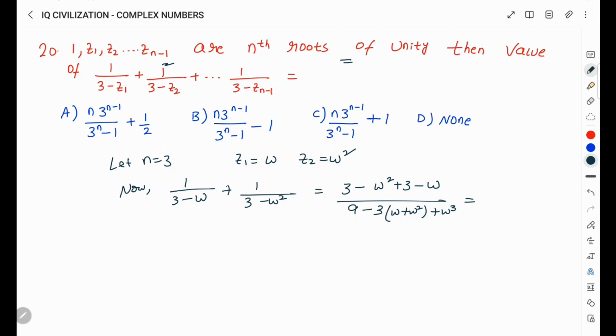So omega plus omega square is minus 1, omega cube is 1, and here also omega plus omega square is minus 1. So by calculation, 7 by 13. Now just put the value of n equals 3 in the options and you will get the answer.